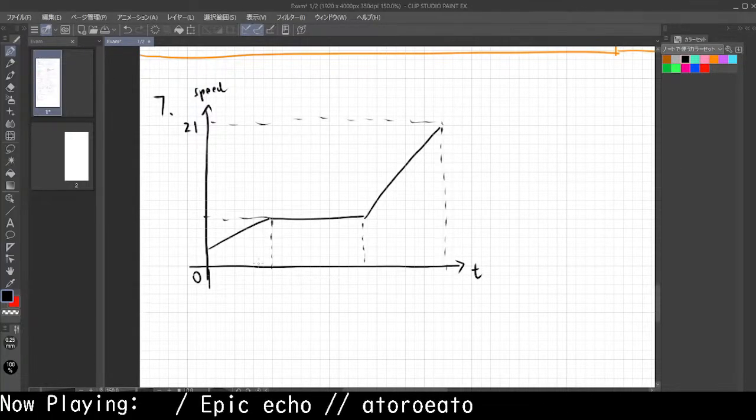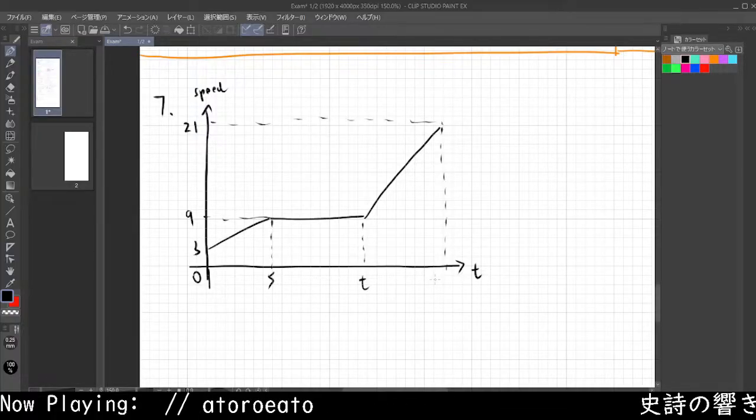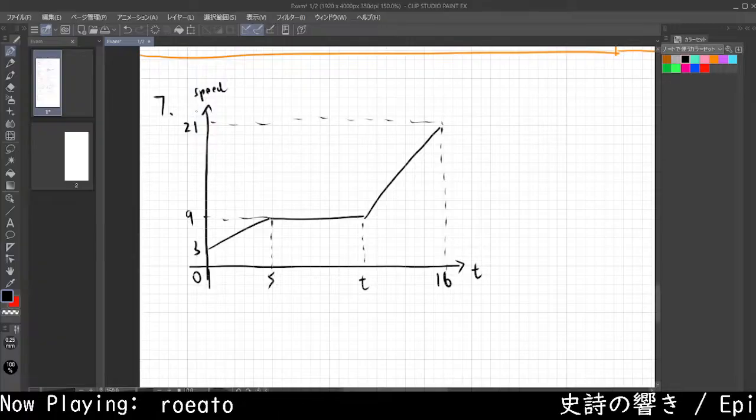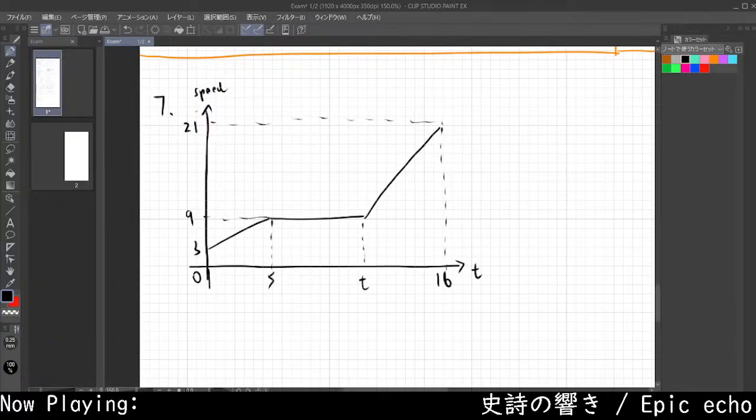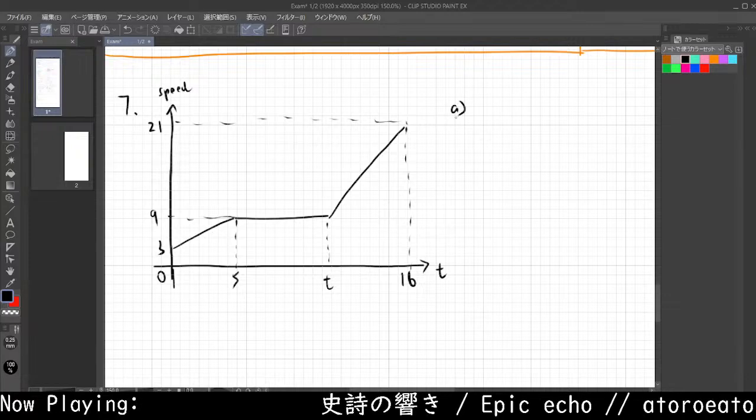Okay, so this is 3, this is a 9, this is a 5, this is a T, this is a 16, this is 21.